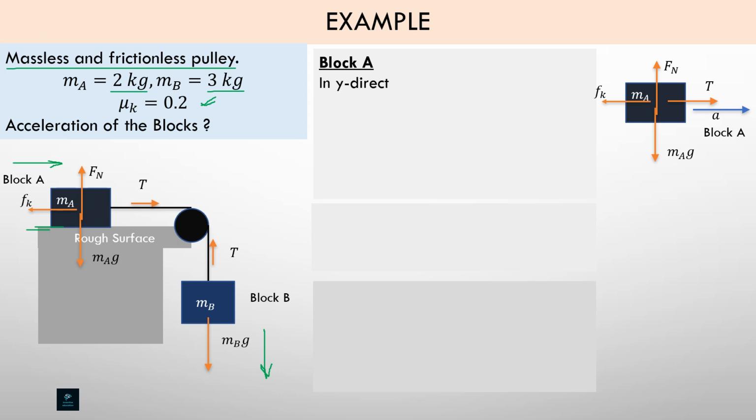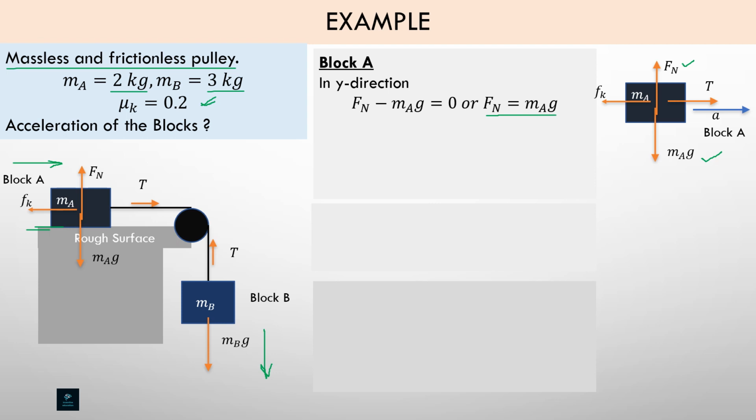Therefore, for block A in the y direction, we have two forces, the normal force and the gravitational force, and there is no acceleration in the y direction. Therefore, the net force Fn minus ma g is equal to 0 for block A. This implies that the normal force is ma times g.